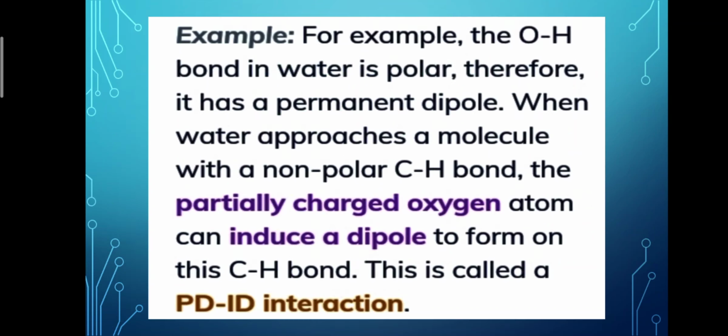So, a polar bond is formed between oxygen and hydrogen. Therefore, it has a permanent dipole. When water approaches a molecule with a non-polar CH bond, the partially charged oxygen atom can induce a dipole to form on this CH bond.